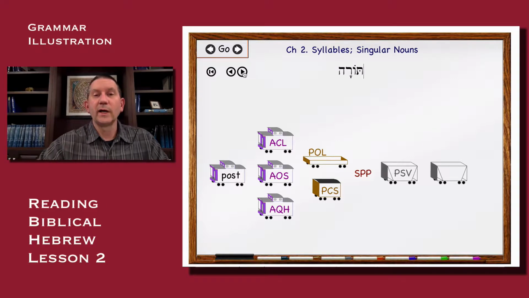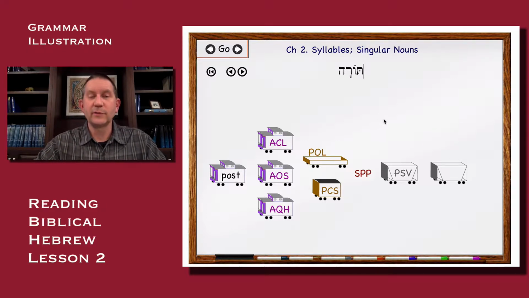Now we have Torah. Where are we going to divide this word? Yes, we're going to divide it right here, and we have two syllables, Torah. And what is this? If we're expecting accented, is it open or closed? It is open because that's a phony hey.